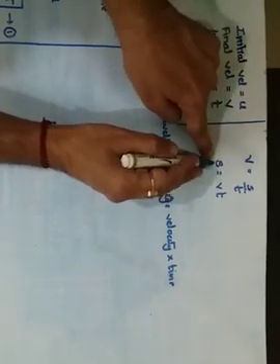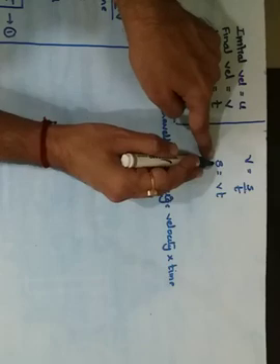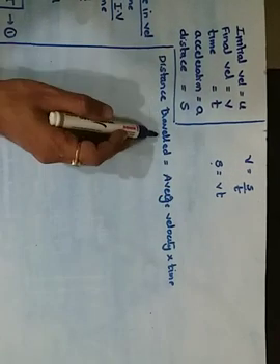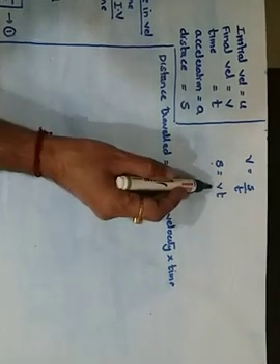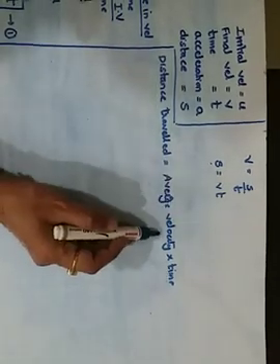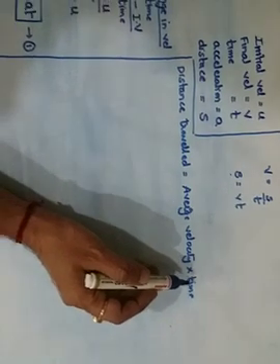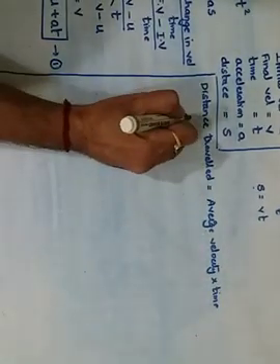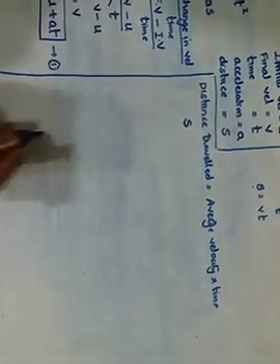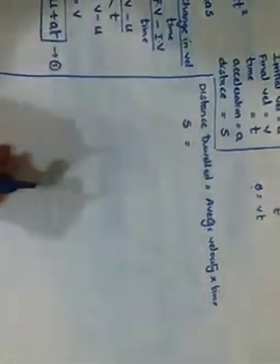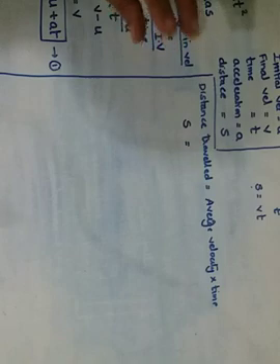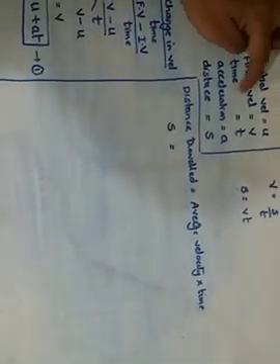So S is equals to V into T. What is your S? S is the displacement. Displacement can also be called as the distance traveled. V is your velocity. Here we consider average velocity, and T is your time. Getting it? Okay. So distance traveled is your S, is equals to average velocity. How much or how many values of velocities are given to you?